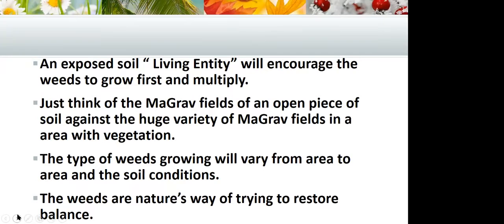When we look at an exposed soil, the soil, which is also a living entity, will encourage the weeds to grow first and multiply because they're the strongest. Imagine walking through an open field where there are no plants on it. It gives us a totally different feeling than walking through a field that has a hundred varieties of different plants and flowers.